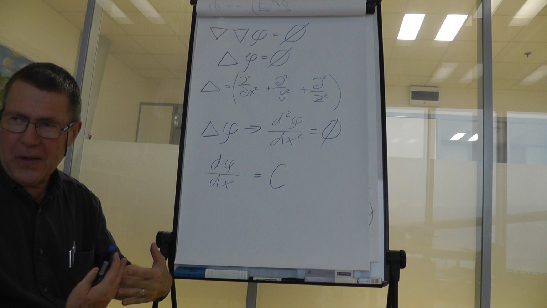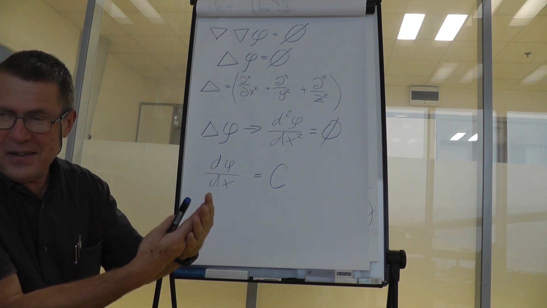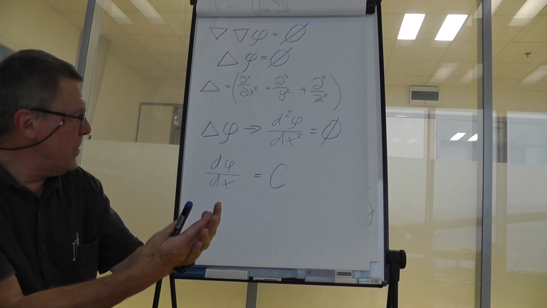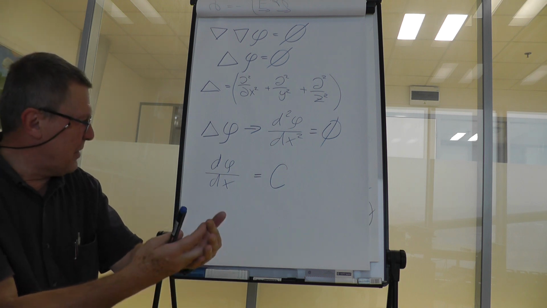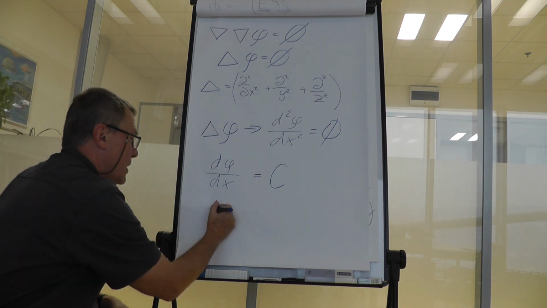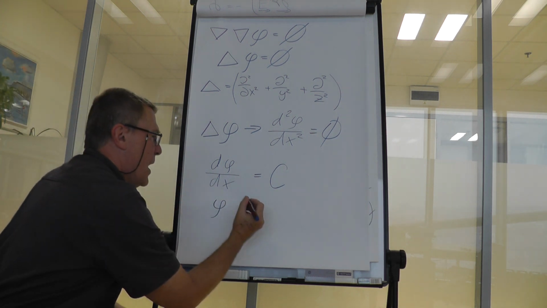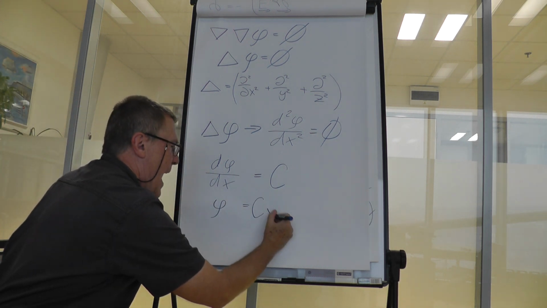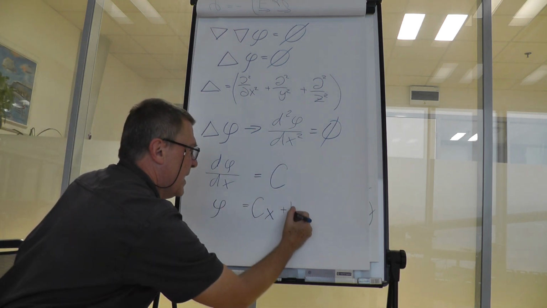We have the first derivative, not the second one, but we would like to get the original function phi, and we successively apply integration. So the second time we integrate, we get the function phi on the left side, but on the right side we have cx plus another constant k.